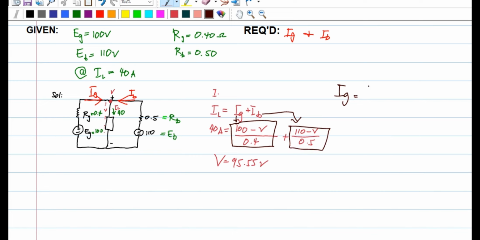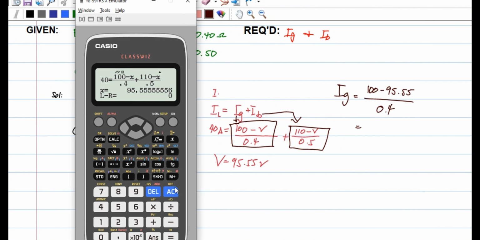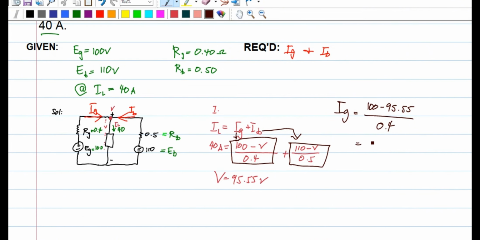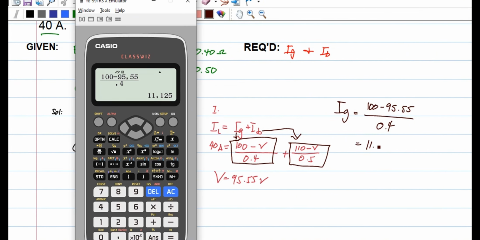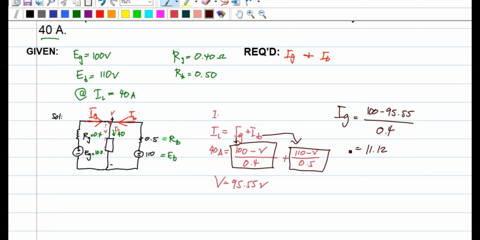So we have 100 minus 95.55, over 0.4. 100 minus 95.55 divided by 0.4 would be 11.12 amperes. So that is IG.